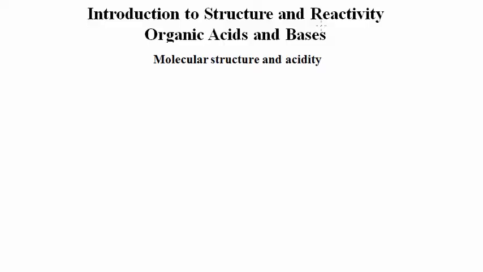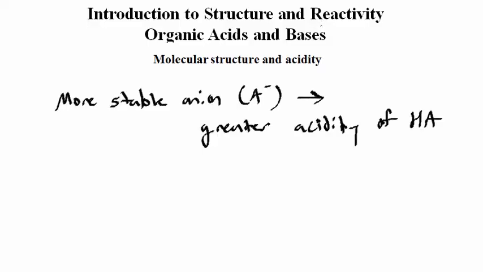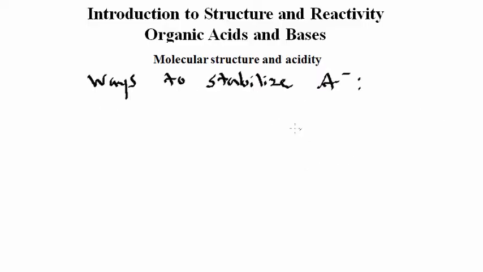This results from the loss of a proton, and so the more stable the anion, the greater the acidity of the acid HA. Again, the more stable the anion form, the conjugate base, the greater the acidity of that conjugate acid form. In this section, we're going to talk about 5 different ways to stabilize this anion.